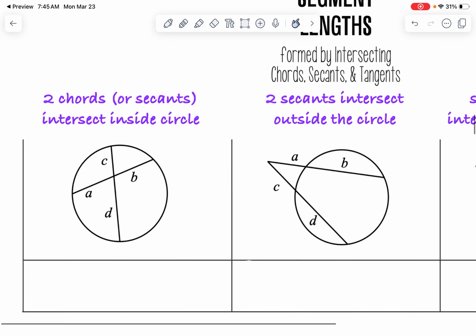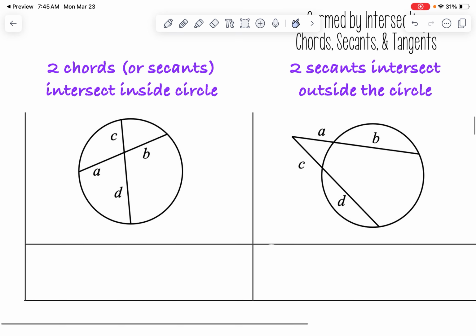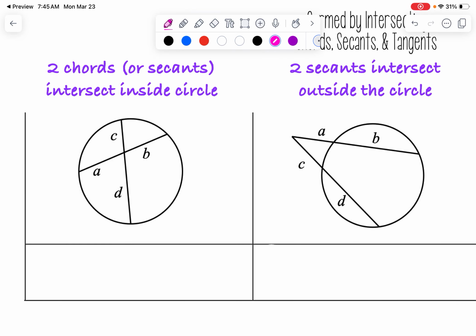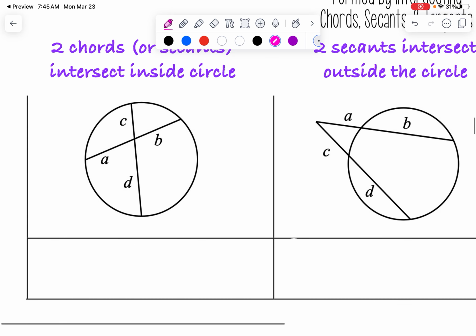when you have two chords or secants that intersect inside the circle. When that happens, there's a relationship that's formed. In this picture, you take this segment length right there, and you multiply the two pieces that make up that segment length.